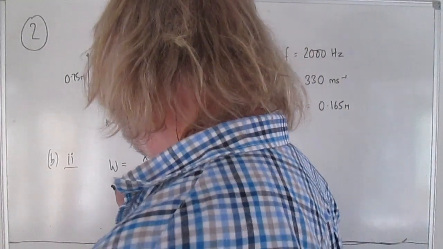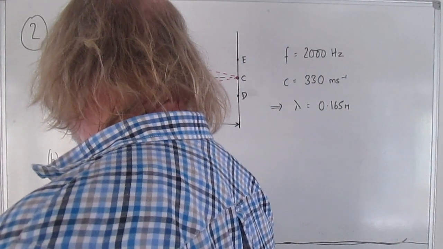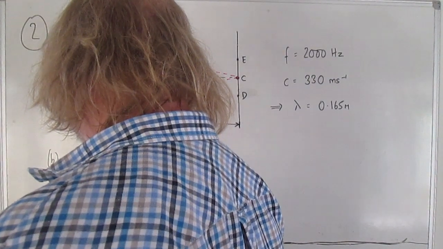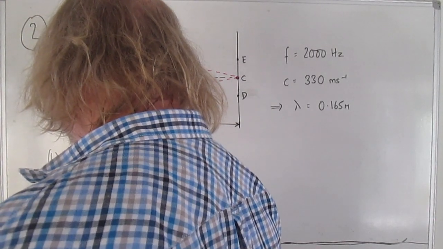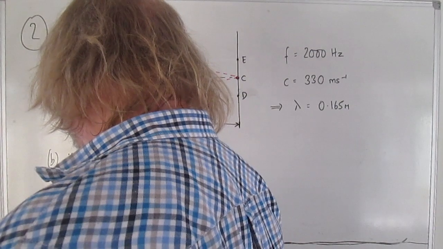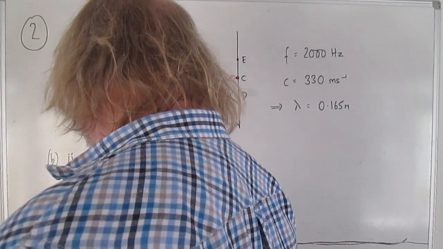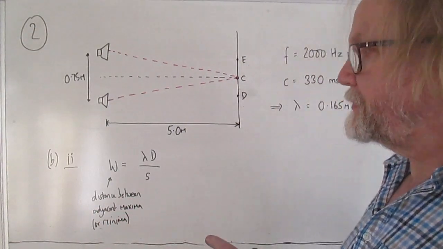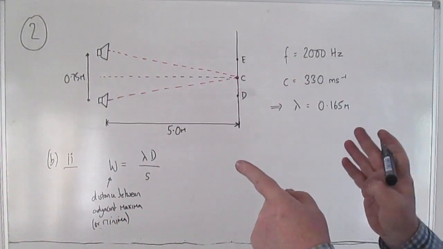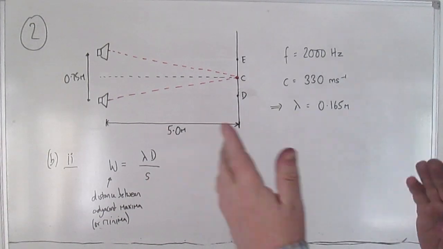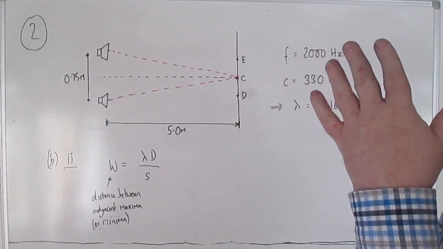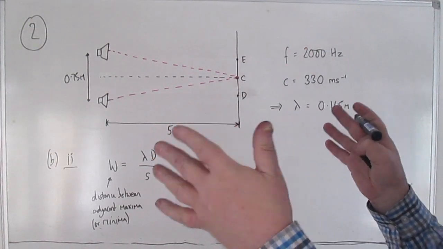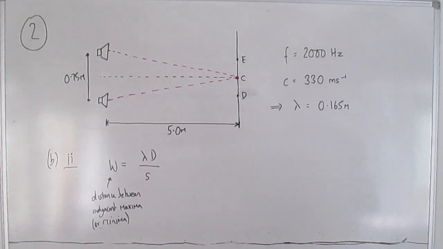So W is the distance between adjacent maxima or minima. If we were talking about light, it would be the distance between the centres of two bright fringes or the centres of two dark fringes, because it's the same number. In this case, it's the distance between two maxima of the sound intensity or two minima of the sound intensity. So that's what W means.